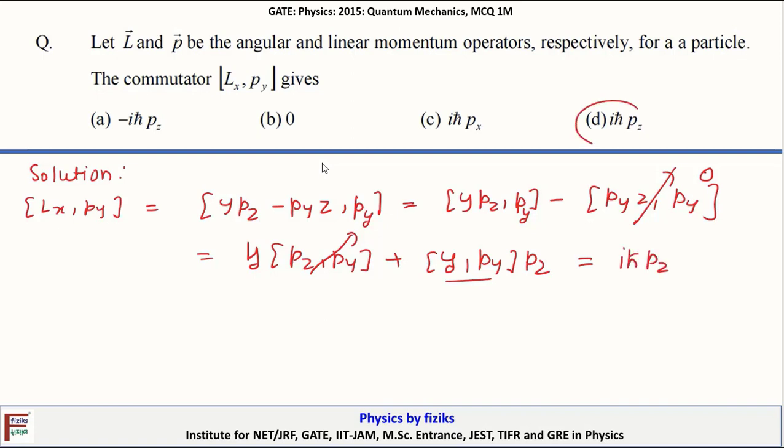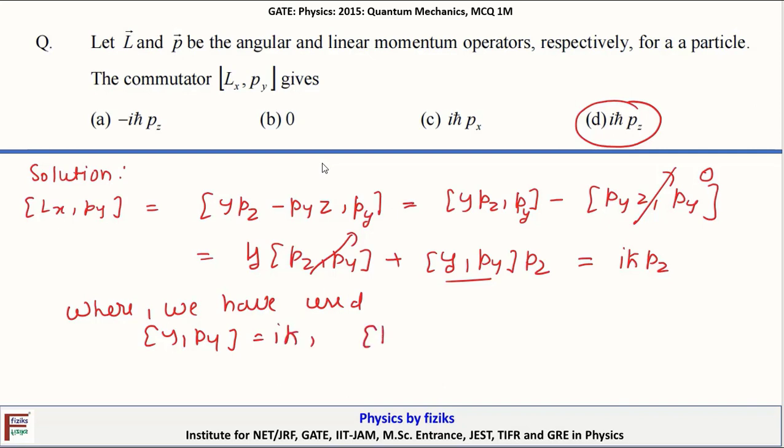So our result would be this one, where we have used [y, py] equals i h cross, [y, pz] equals 0, [z, py] equals 0, and [pz, py] equals 0.